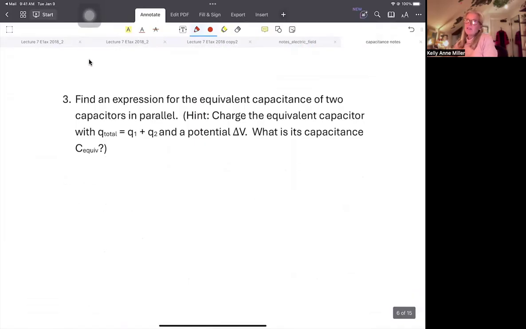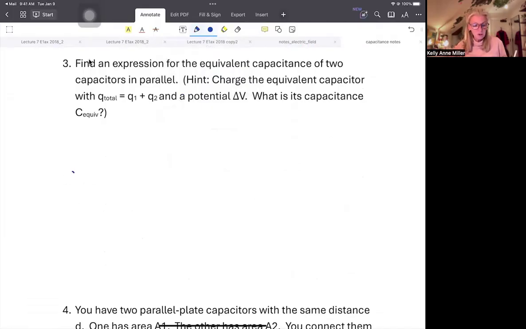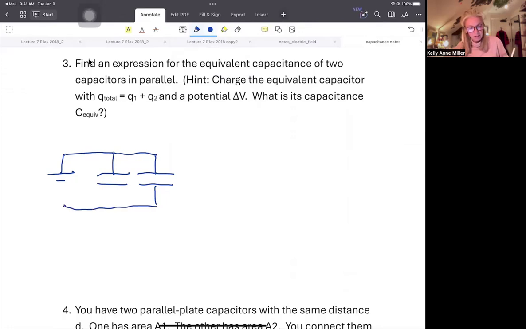Okay, so now we're going to talk about how you would make an equivalent capacitance. If you wanted to figure out how capacitors add when they are in parallel, we're basically asking how you could reduce two capacitors in parallel down to a single equivalent capacitor. Okay, so let me draw the same situation as in the previous question. This is C1 and C2, and this is a battery, again of 9 volts.